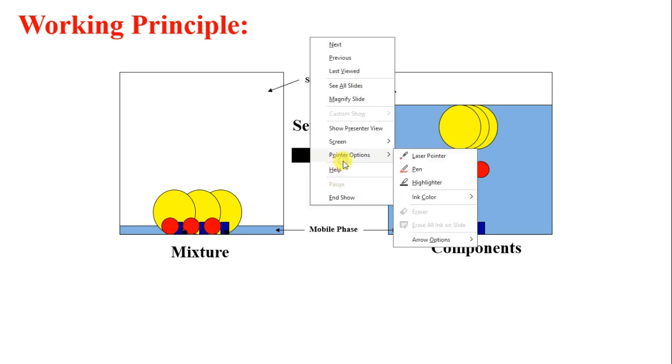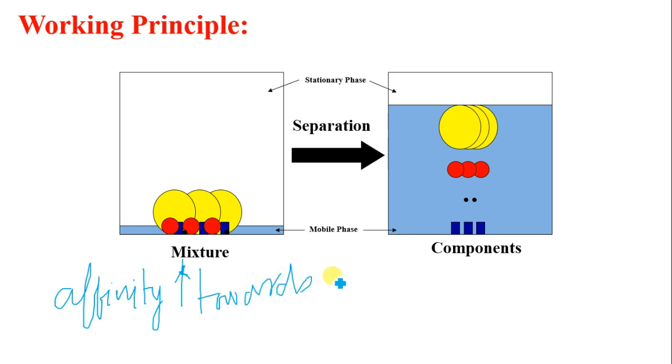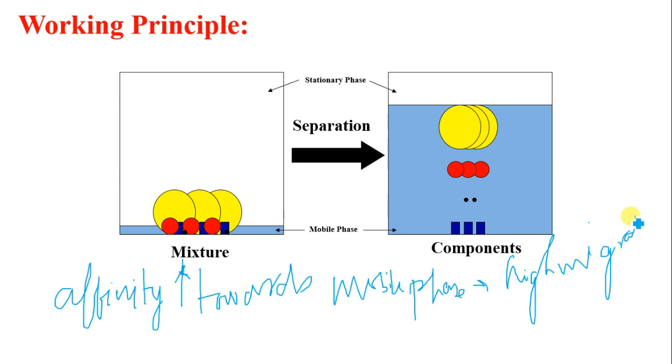Which means, in simple terms, if the affinity towards the mobile phase is high, then there is high migration.